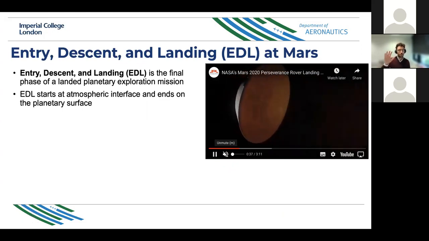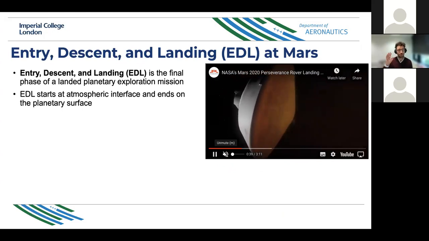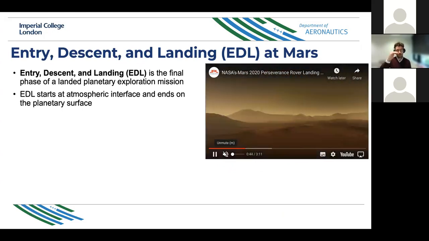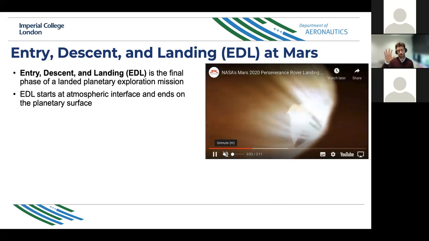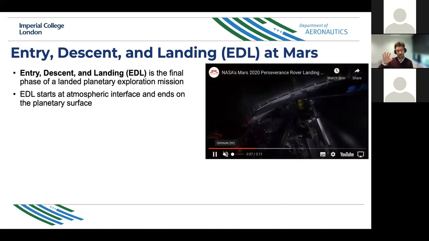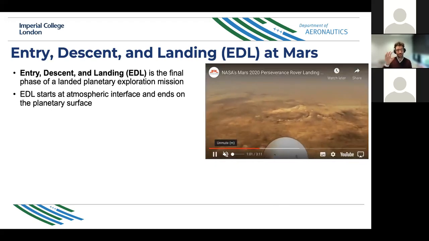This phase of the mission starts from what we call the entry interface, which is a conventional altitude that limits the start of the atmosphere, which for Mars is at 120 kilometers. Once the spacecraft gets there, it encounters a lot of atmospheric drag, and it's a very stressing environment.